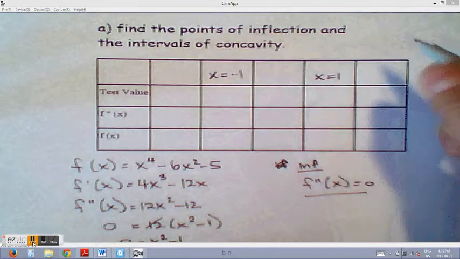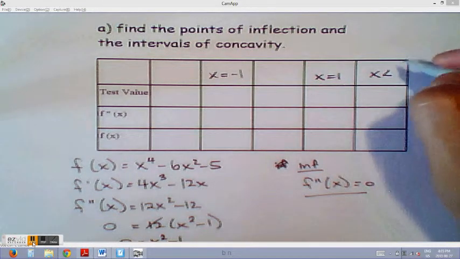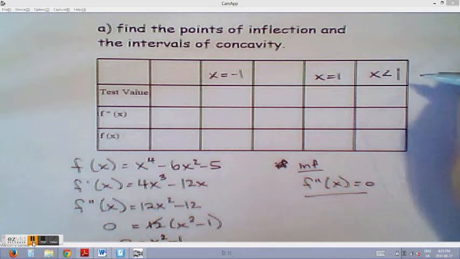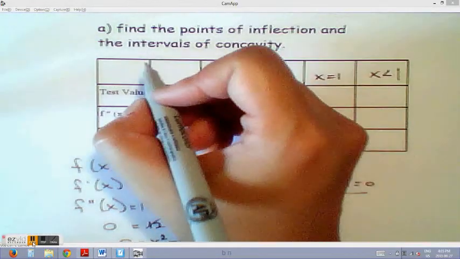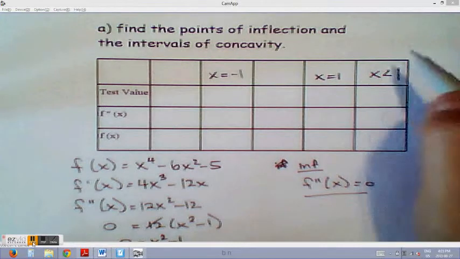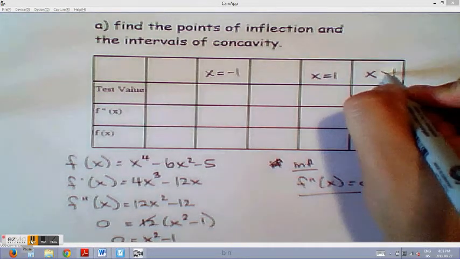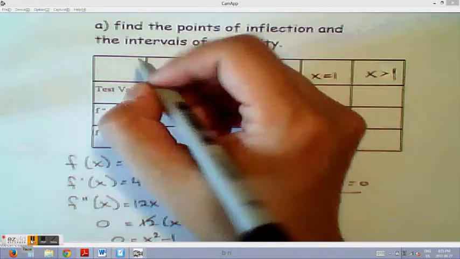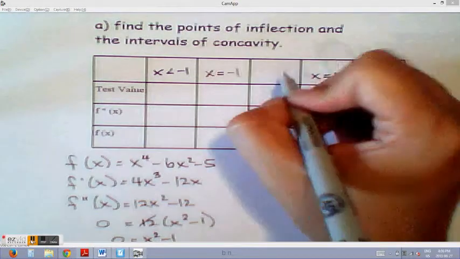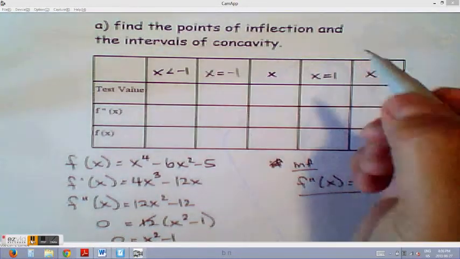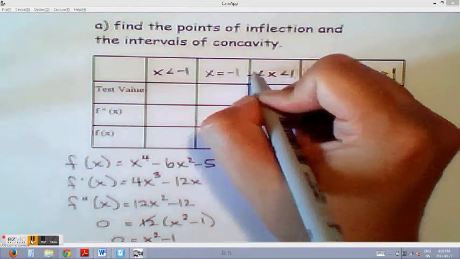So here we have x is smaller than 1, and x is, my mistake, it should be x is greater than 1, of course, and x is then smaller than negative 1. And x is then in between 1 and -1.